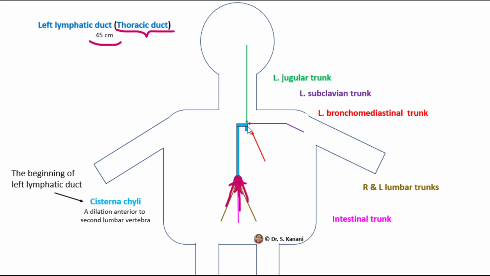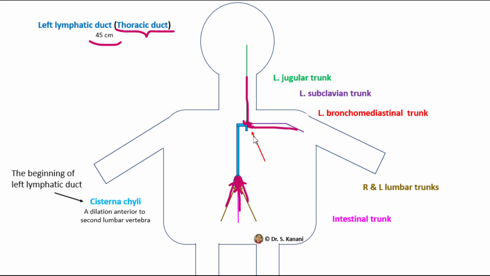And when we go up, we notice that the left jugular trunk and left subclavian trunk also empty their lymph into the thoracic duct, and thoracic duct empties lymph into the venous system at the junction of the left subclavian vein and left internal jugular vein.